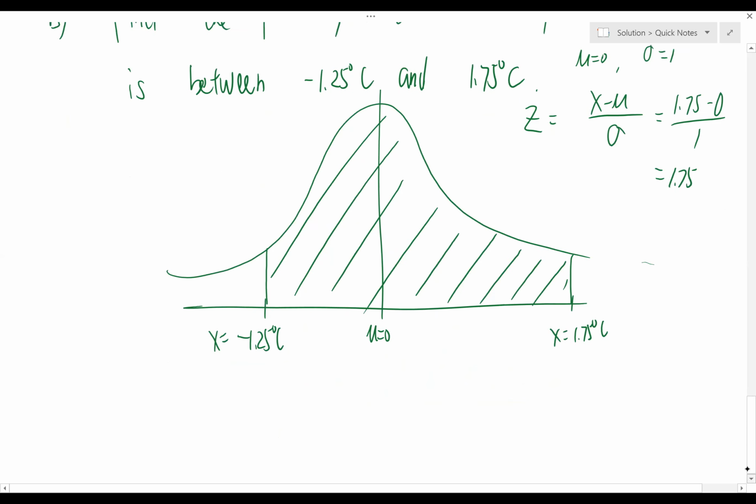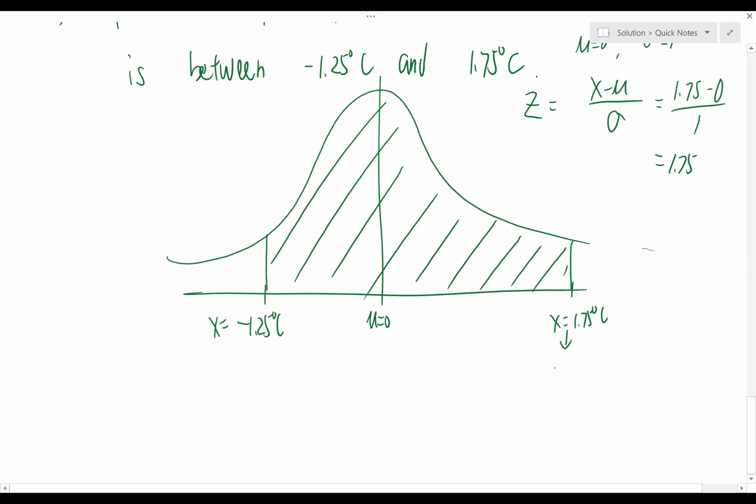That tells us the z-score for this particular temperature is 1.75, and similarly, the z-score for the other temperature will be negative 1.25.